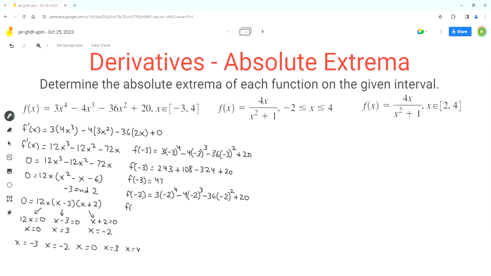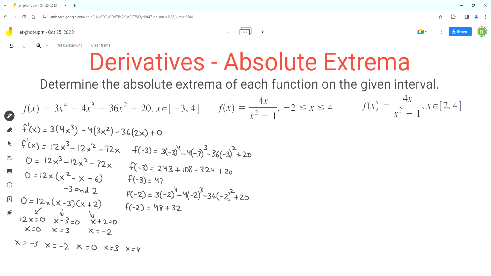Now we can simplify it. So 3 times -2 exponent 4 is equal to 48. And then minus 4 times -2 exponent 3 is equal to positive 32.